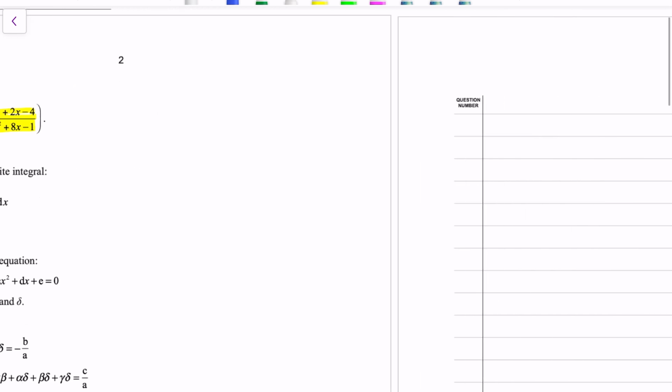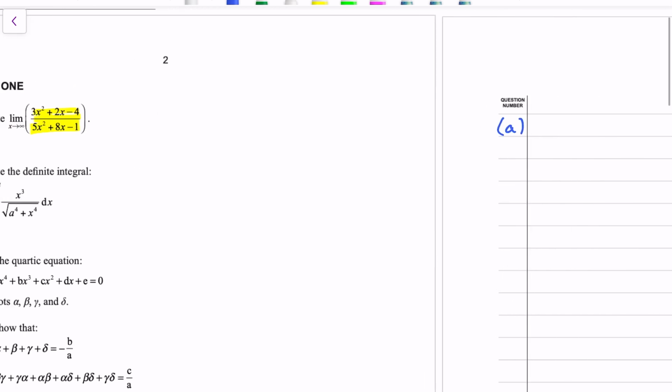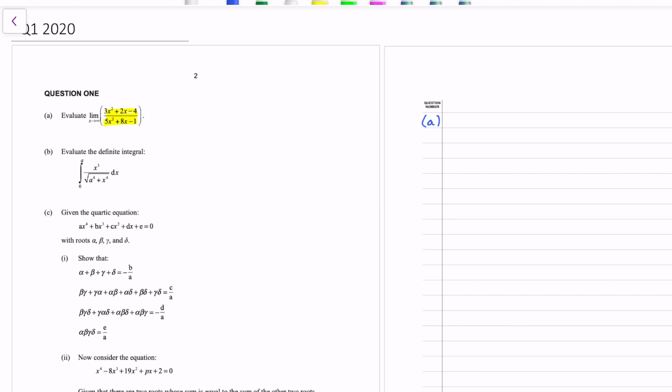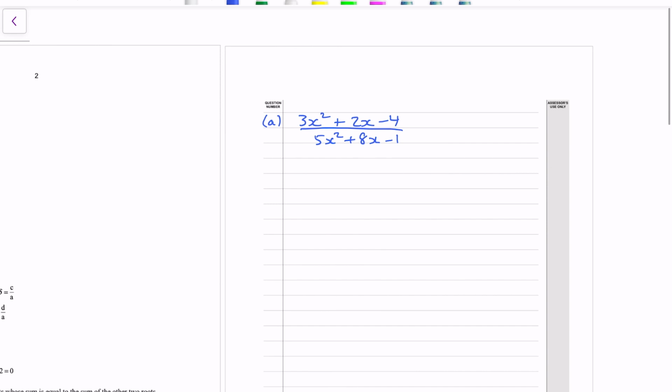A real quick way of doing this: if we divide everything top and bottom by x squared, the first term will just be 3. This will be 2 over x minus 4 over x squared, and then the denominator 5 plus 8 over x minus 1 over x squared.